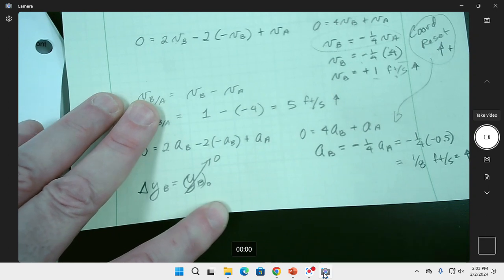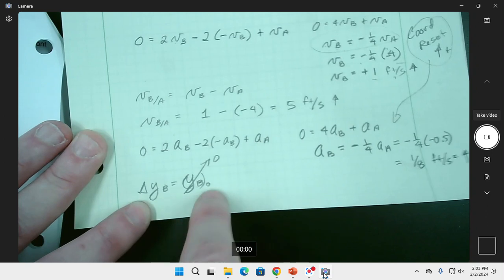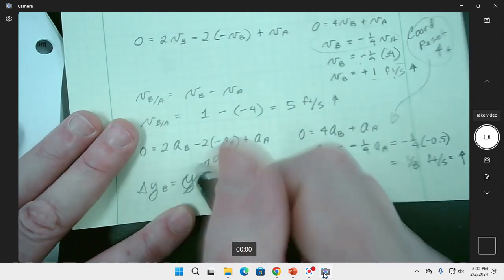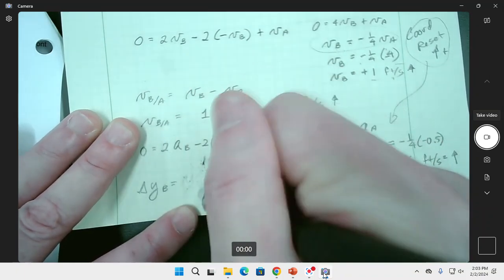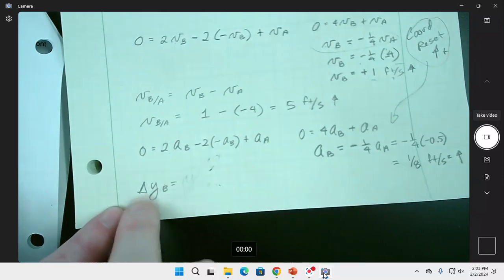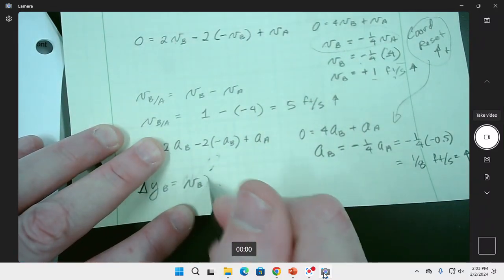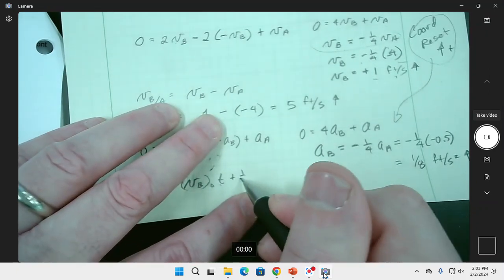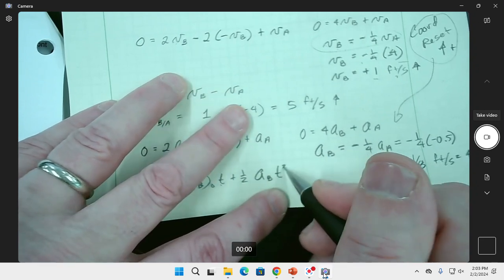Or they were going to ask for delta, which would mean that we would just subtract this from that over there, so that would be delta Y. Now, by the way, I wrote delta Y, so truth be told, we didn't even need to write that down, because it's inherent in the delta Y. So we go VB original times T plus 1/2 acceleration of B times time squared.